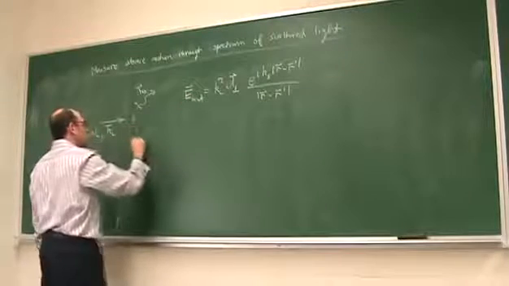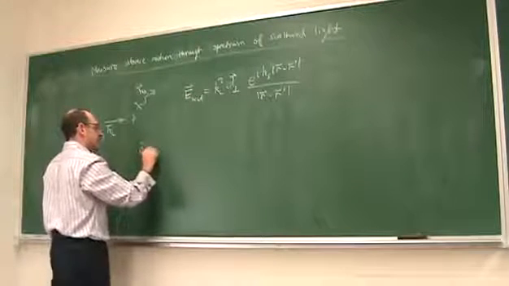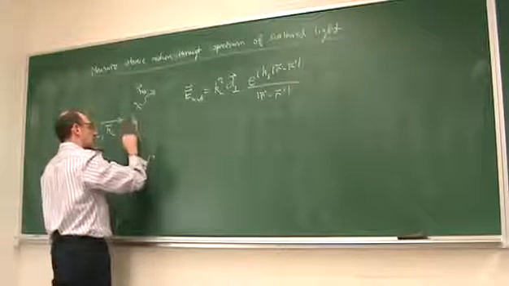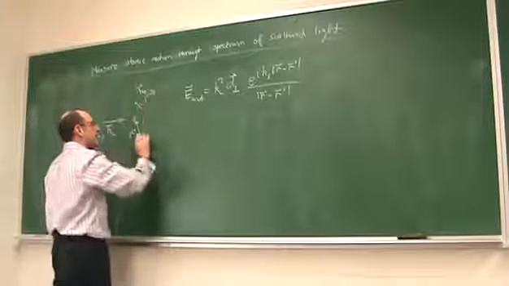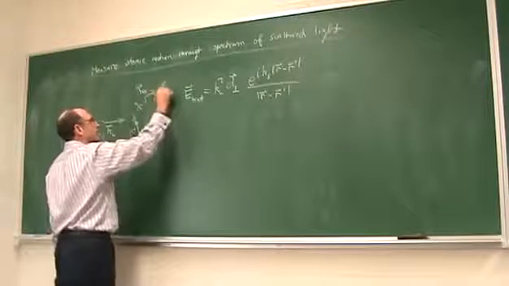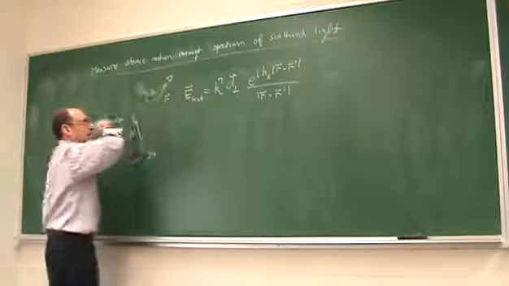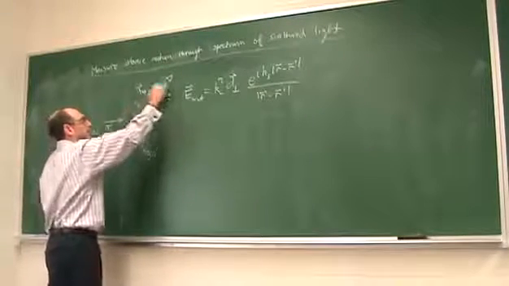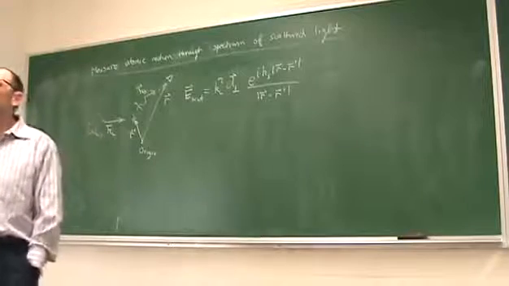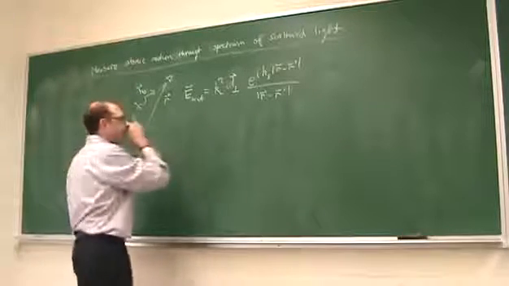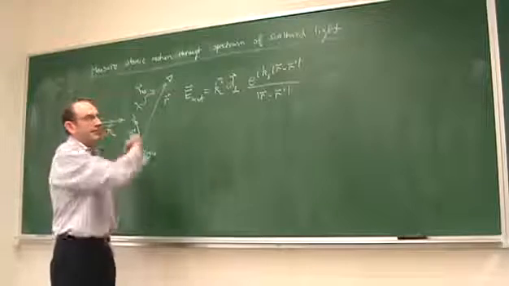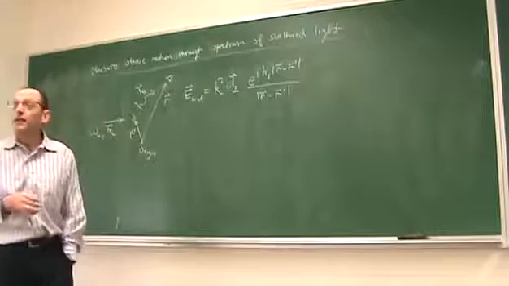So let me call, there's some origin here. This is the position of the dipole. There's some position of the observer that's looking at the scattered light in some direction. Okay? It's the usual radiation picture that one looks at.